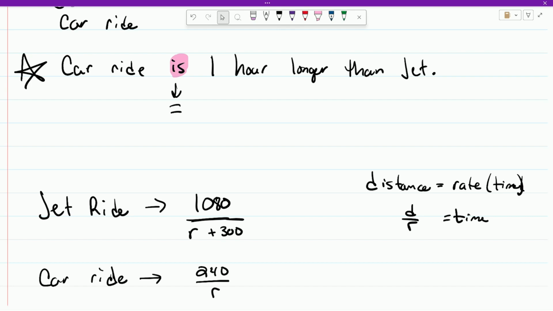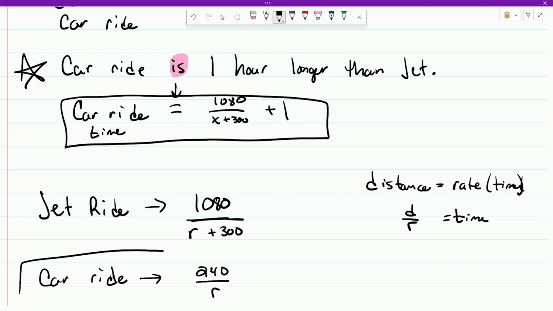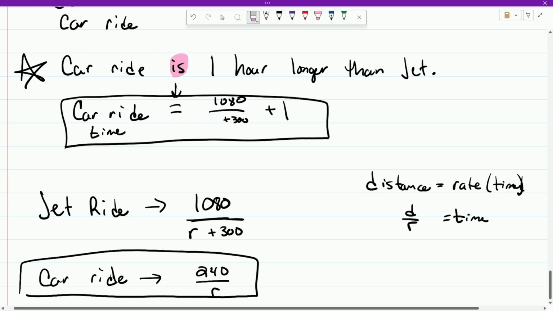So our car ride is going to be whatever the jet time was, plus 1 hour. So this is the car ride time. Oops, sorry, I used the letter x. I should have used r. So here we have our two expressions that we're going to set equal to each other.